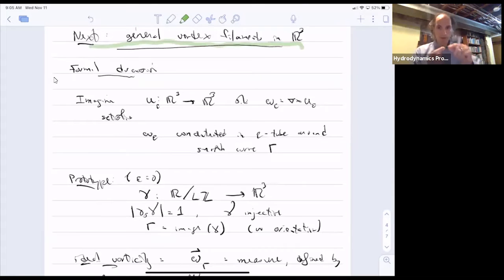And so the point is we have a curve. We first imagine we have a vorticity of delta functions concentrated on a curve. This would be the 3D analog of a point vortex. We know that for that thing, the associated velocity field is not in L2. So we regularize it.